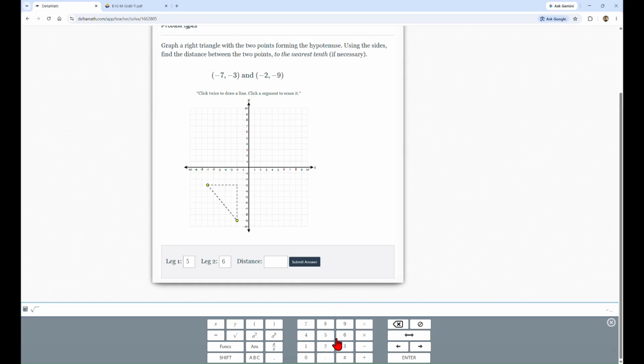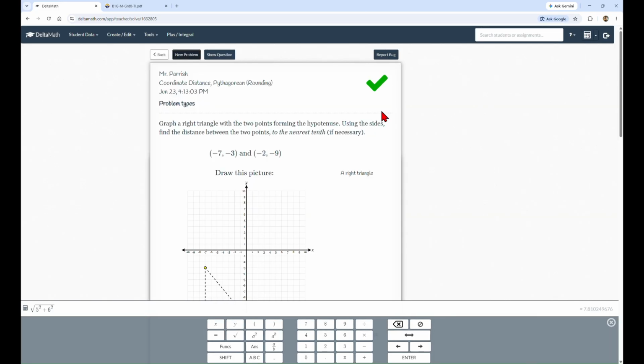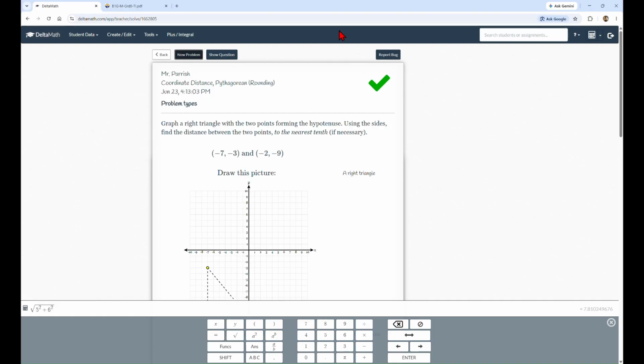So we're going to do the square root of 5 squared plus 6 squared. Oh, I did a to the b, so I need to put a 2 in here so that it's still squared. And our answer is 7.81. Round to the nearest tenth, so it's going to be 7.8. And there you have it.